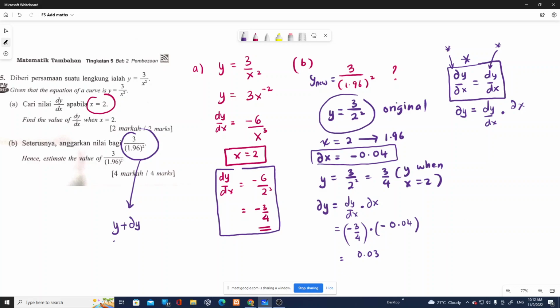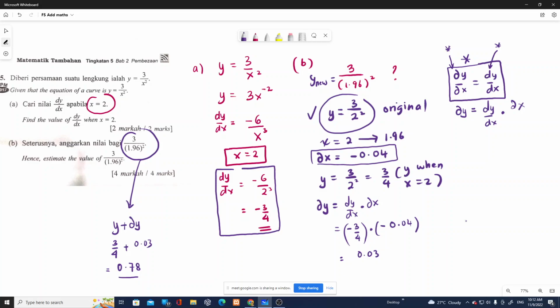Y is 3 over 4. Understand this one? Plus 0.03. So 3 over 4 is 0.75 plus 0.03. You get 0.78. That's the answer.